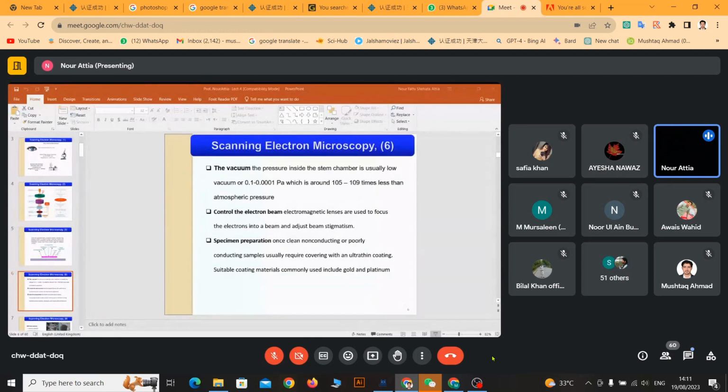The sample should be clean, and if the sample is not conducting, it should be made conductive. Otherwise there will be no interaction between the electron beam and the sample.